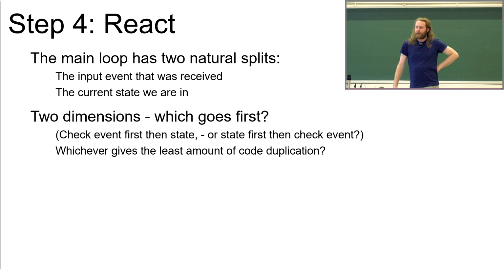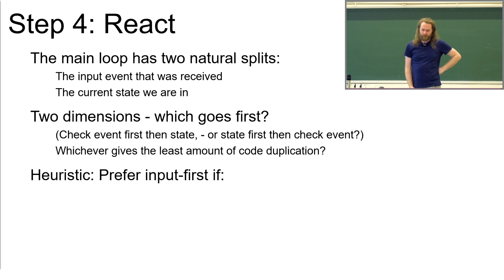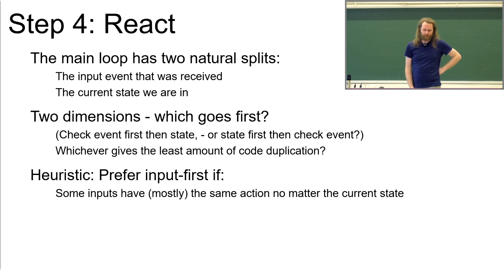If you need to do the same thing in every one of them for some of them, then maybe it makes sense to flip it on its side and remove some of the duplication, and that makes it more readable. That could be one indication. So here's a heuristic or an intuition. Again, there are no hard and fast rules here. You can program whatever you want. Nobody's going to stop you other than yourself when you go, I have made a mistake.